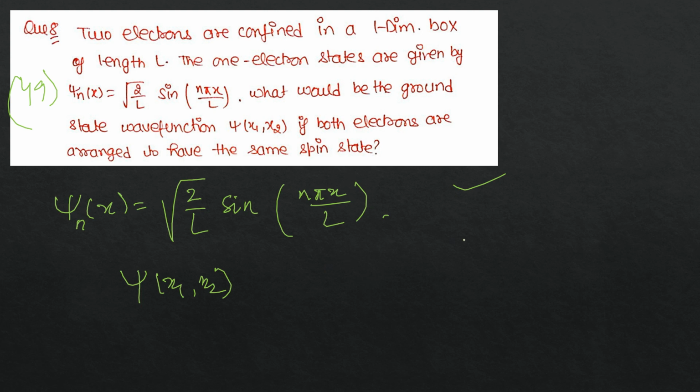So same spin state means both will be up or both will be down.